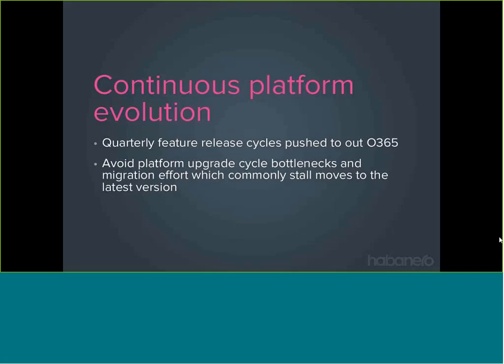And that is a vast shift from the every 3 years that we saw previously. We've got many clients running on-premise who are really held back from moving to the latest version of SharePoint due to the effort involved in the upgrade and migration to the latest platform. This is something which is not a factor in SharePoint Online, and a definite plus.